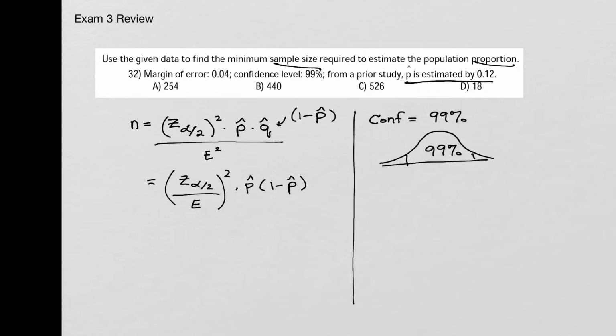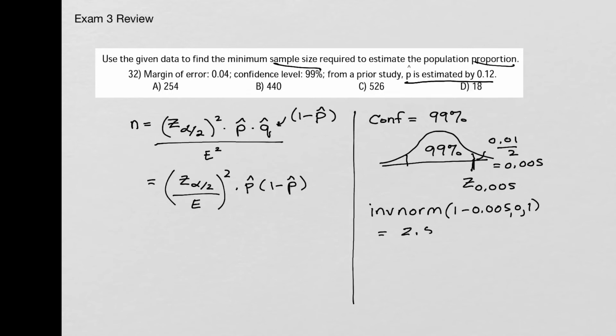And so that leaves us 1% left over for the two tails, and I take that 1% and I divide that by 2, and that gives me 0.005. So this value here is z sub 0.005. And I can calculate that by finding the inverse norm of 1 minus 0.005, and this gives me 2.58.